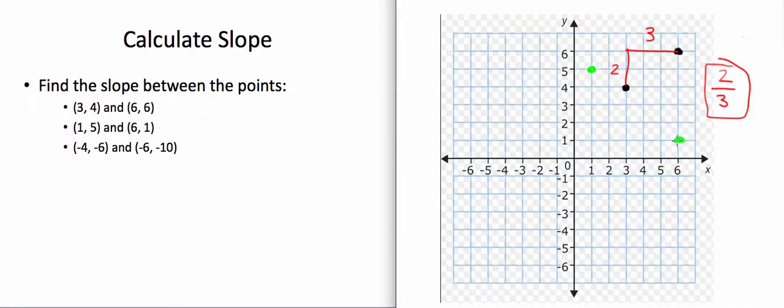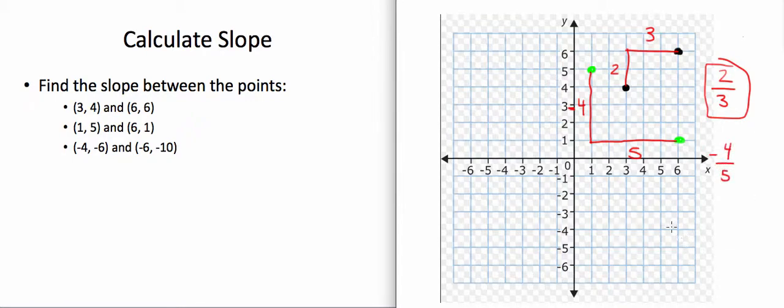Okay, now as you know, it looks like it's going downhill from here, and so we start here at the furthest most left point. We go down 1, 2, 3, 4, so that's a -4, and then it's over 1, 2, 3, 4, 5, and that's 5. So now our slope is -4 over 5.